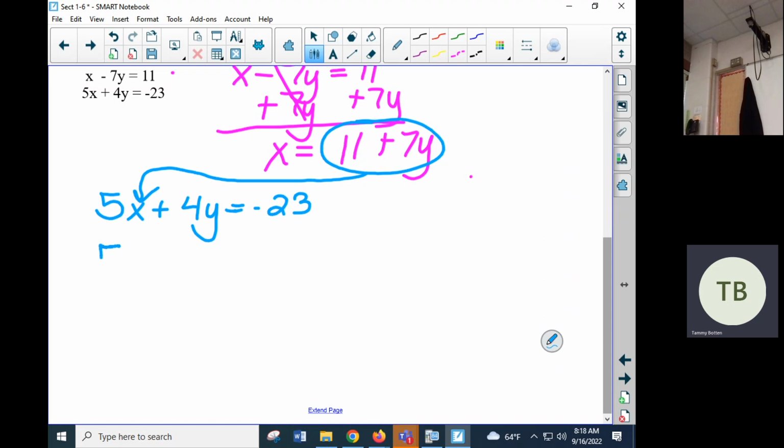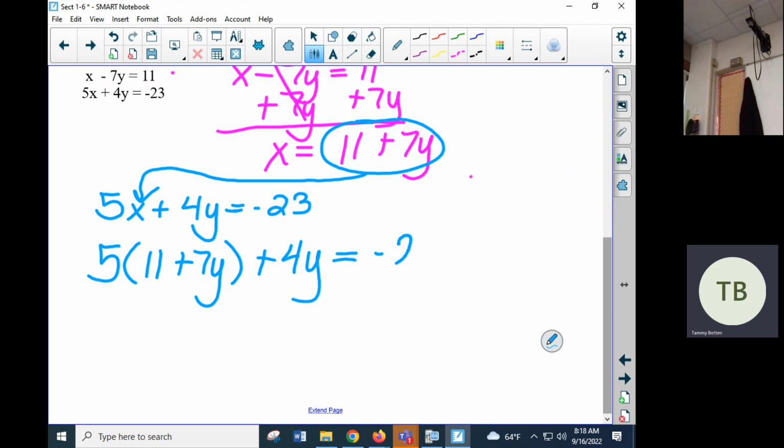So now we have 5 times x is 11 plus 7y, and then plus 4y. So what I did is I put this in for x, and because there was that 5 in front, I had to put it in parentheses so that I knew to multiply 5 by both of these. Then I just copy down plus 4y, and it equals negative 23.